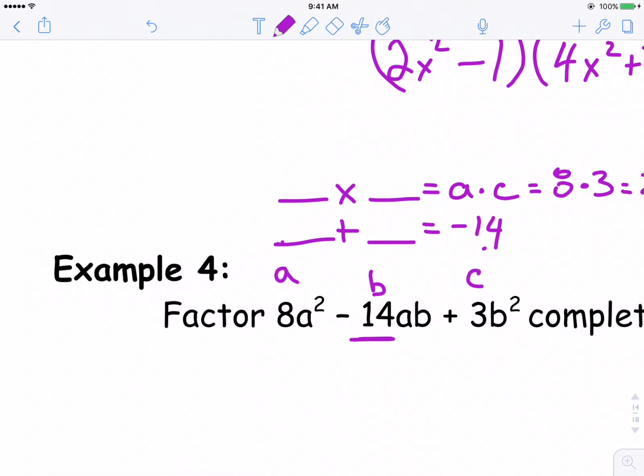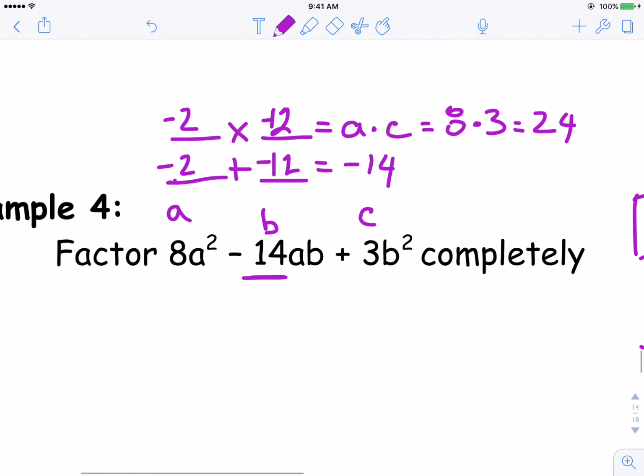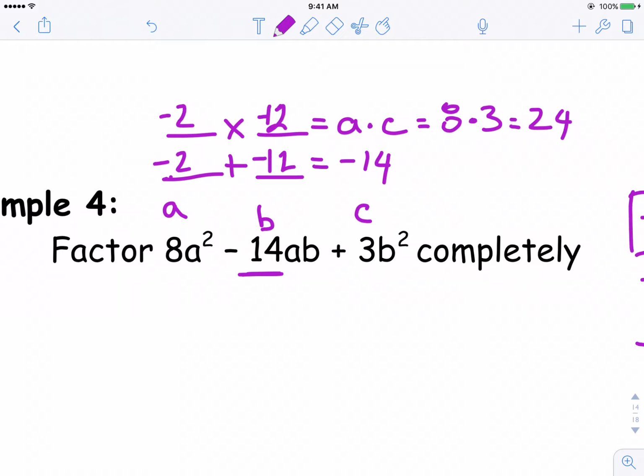So I can go back over here. Negative 2, negative 12 gives me positive 24. Negative 2, negative 12 gives me negative 14. Exactly what I want. Step 1, find your integer numbers. Step 2, decompose.